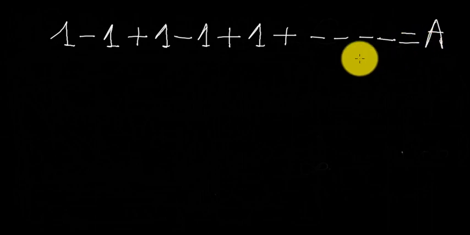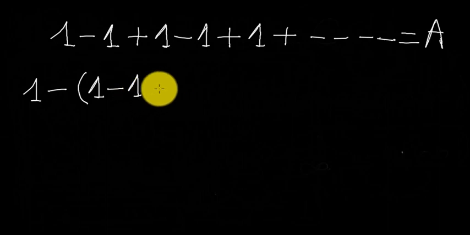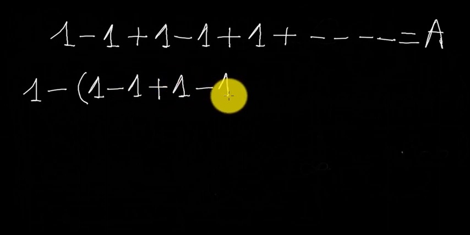So if we suppose that we can call this sum A, what we can really deduce is that this sum can be 1 minus, in brackets, 1 minus 1 plus 1 minus 1 into infinity.